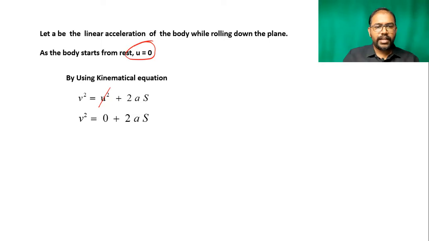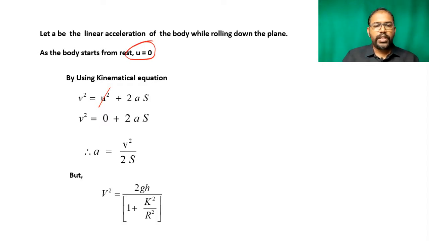By using that, we can write a is equal to v square by 2s. Now just as we obtained v square on the previous page, v square is 2gh divided by 1 plus k square by r square. So v is under root everything, but v square is this. Now this v square we have to substitute in this equation.